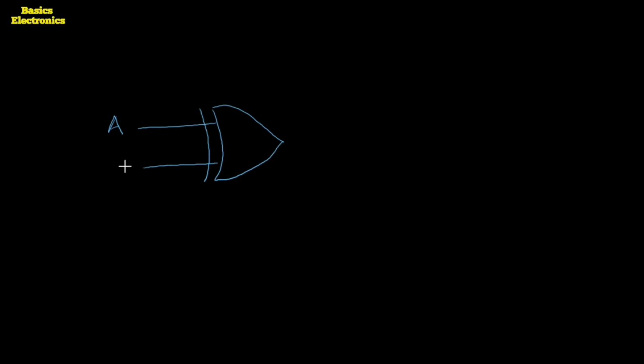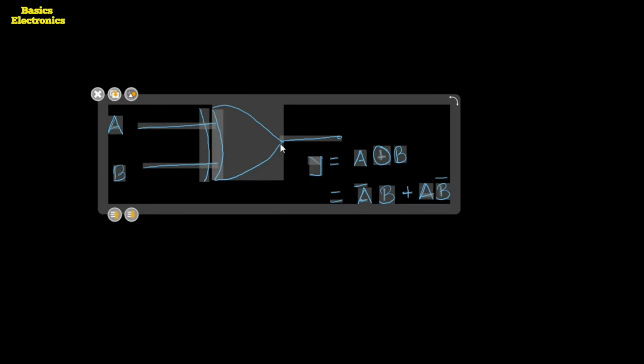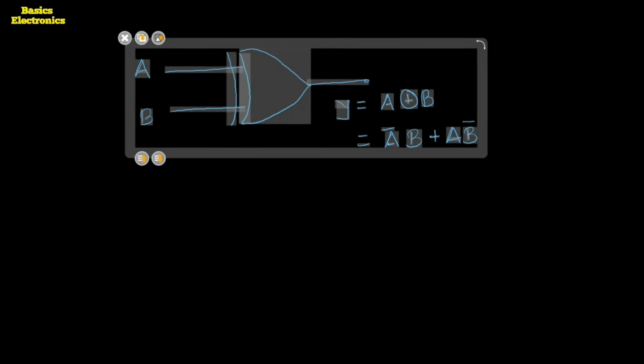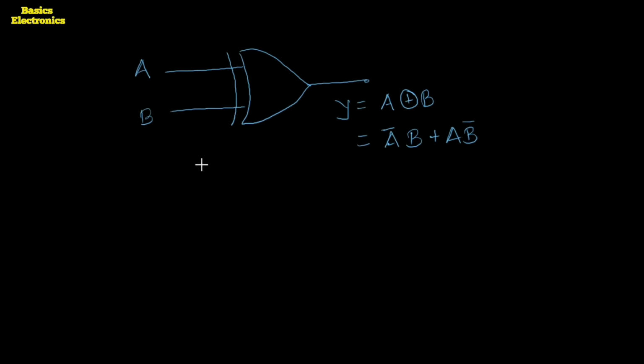Here the two inputs are A and B, and the output is Y, and Y is given by A XOR B, or we can write it as A bar B plus A B bar. For the two input XOR gate we have the table, and after this table we will see the definition of the XOR gate.